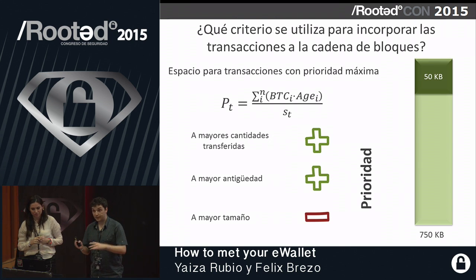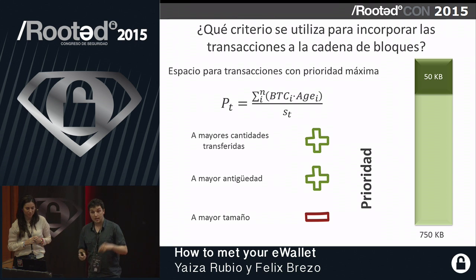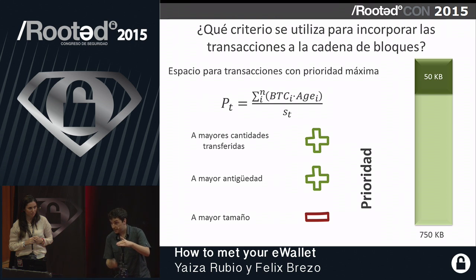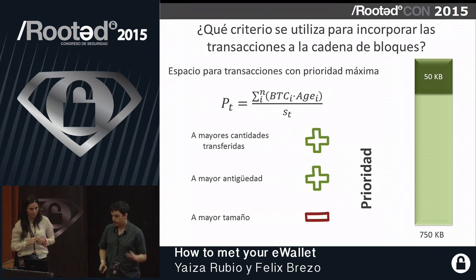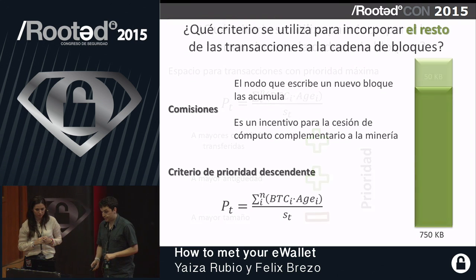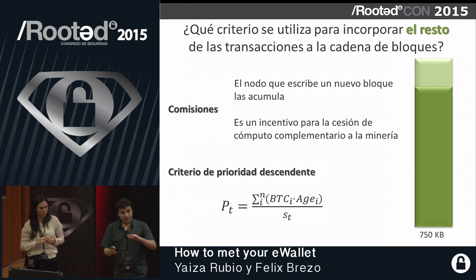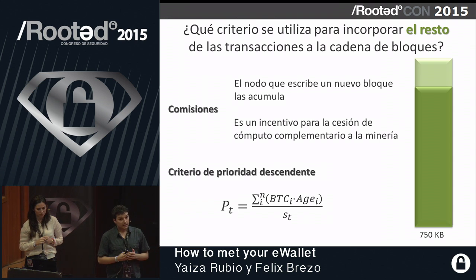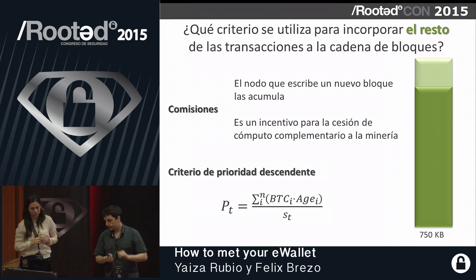Firstly, the transferred amount; second, the age, the number of blocks added after the last transaction: the older, the more priority. And the third is the size in bytes. The bigger the size, the lower the priority.